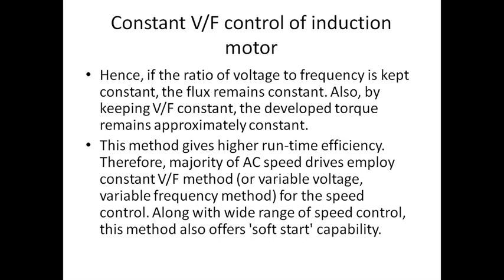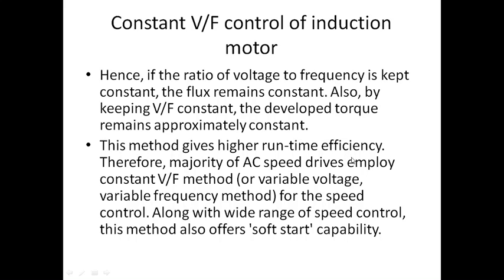The ratio of voltage to frequency is kept constant, so the flux remains constant. That's what I want, my flux to be constant if I want a constant output. So I will get a constant torque because of my constant flux. This method gives high runtime efficiency, therefore the majority of AC speed drives employ this method. I want my efficiency to be proper, whether I am going to reduce my speed or increase my speed.